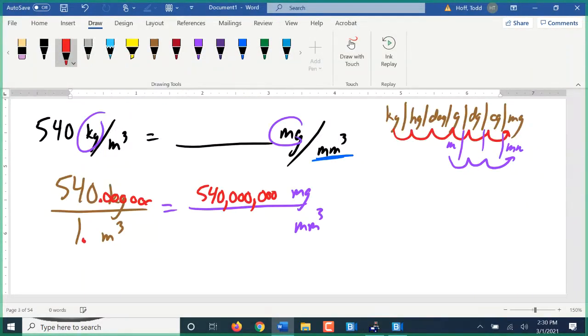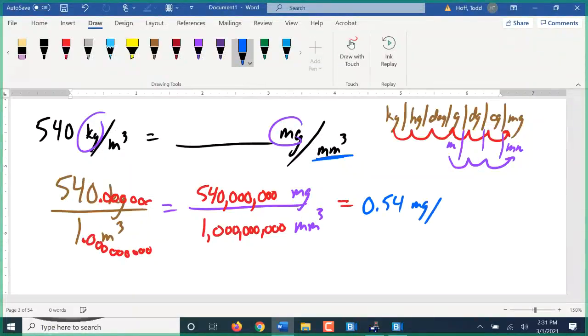There's no decimal point written, so it's after the 1. We have to go 9 spots to the right. That is 1 billion. Since it's cubed, we have to divide that out. 540 million divided by 1 billion is 0.54 milligrams per millimeter cubed.